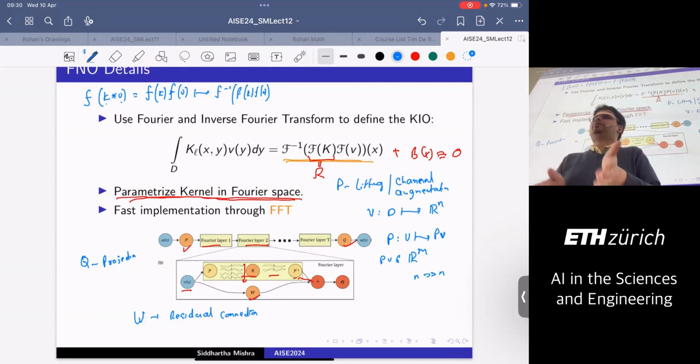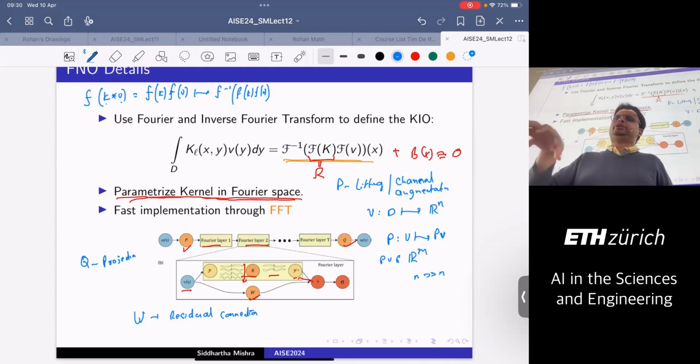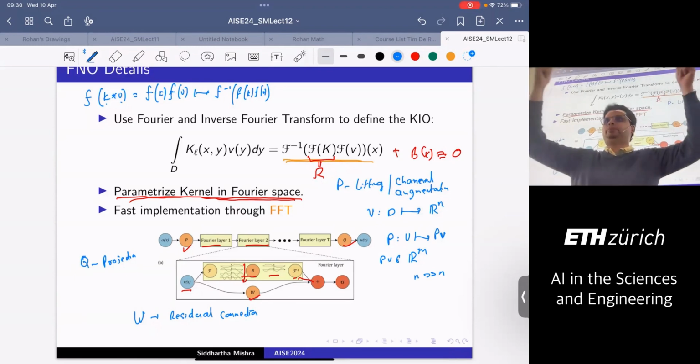It's very common in image processing where you take RGB, but then you suddenly expand it to, I don't know, 12 channels or 16 channels, 128 channels. This is a very common trick. Intuitively, it says that we don't know what features the machine learning model is going to use in its algorithm. So let us provide it with the possibility of additional features. This is what this lifting operator does.